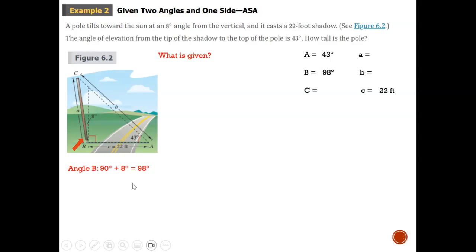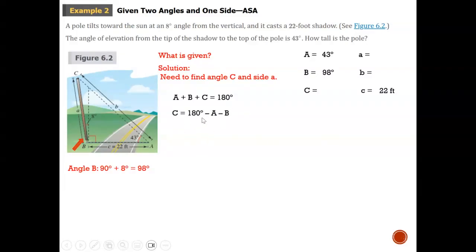Okay, now, we need to find a pair, right? But we don't have the pair yet. So once we find angle C, we have a pair that we can use for the formula, which is side C with the angle C. So we're going to find angle C first. Right, so we subtract angle A and angle B from both sides.